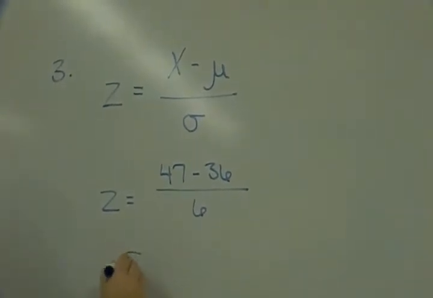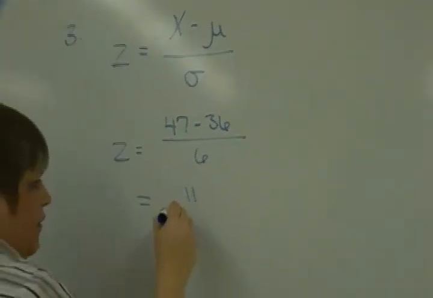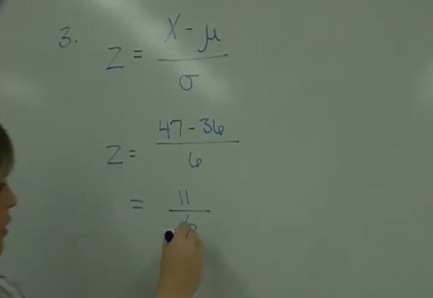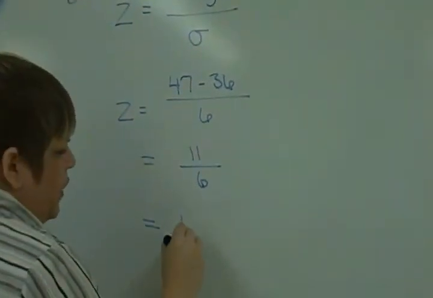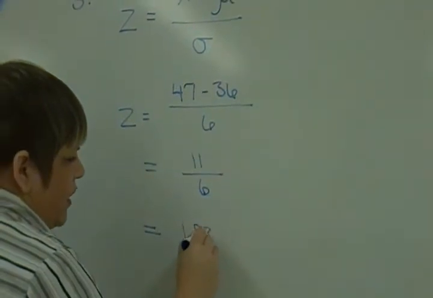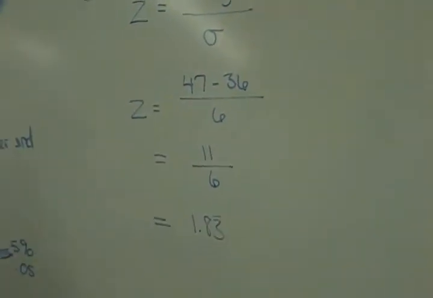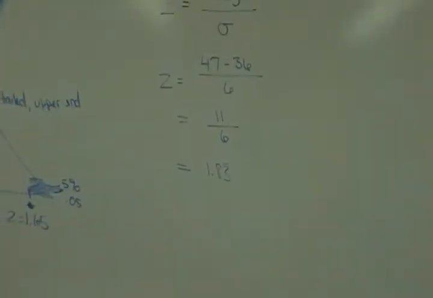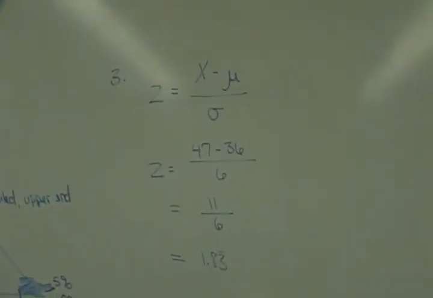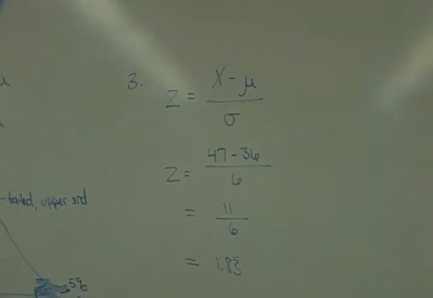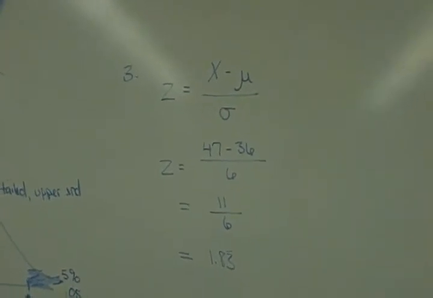So I end up with 11 divided by 6, which gives me an overall value of 1.83 repeating, I'm pretty sure, but let me go over here to my calculator and just check my math real quick, okay? So, calculator, 11 divided by 6, yeah, 1.83 repeating, okay?